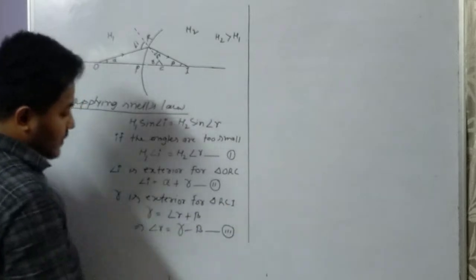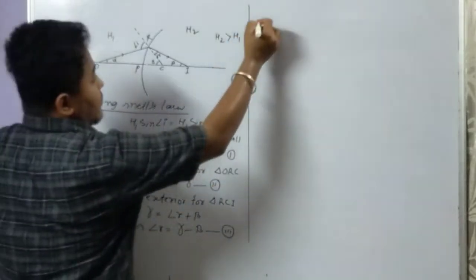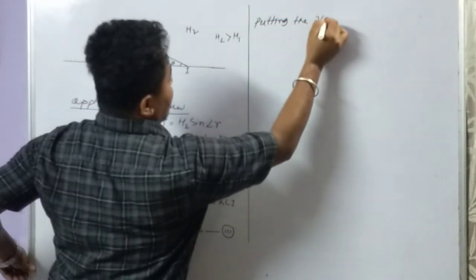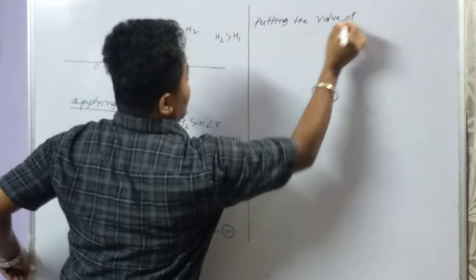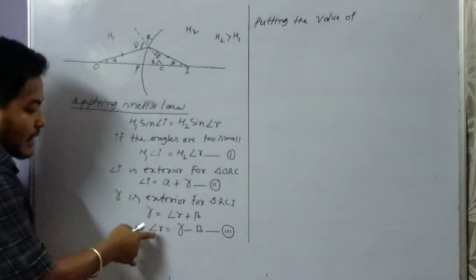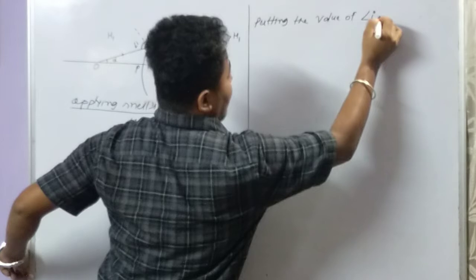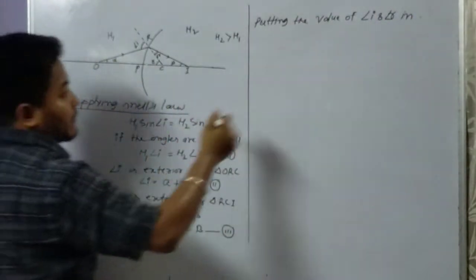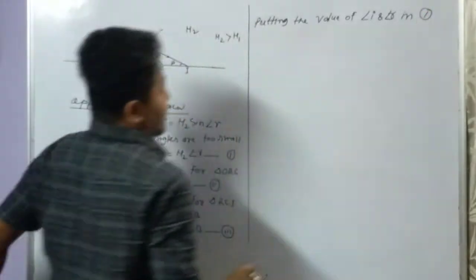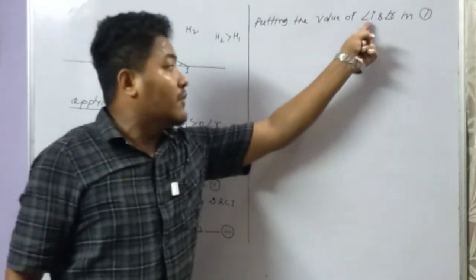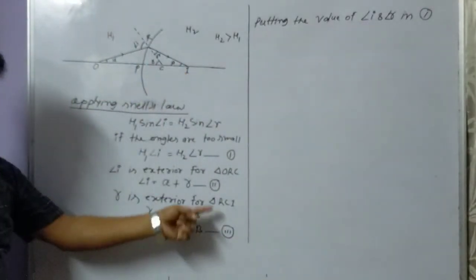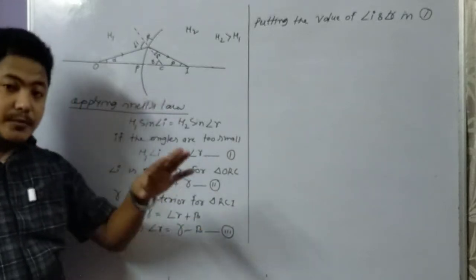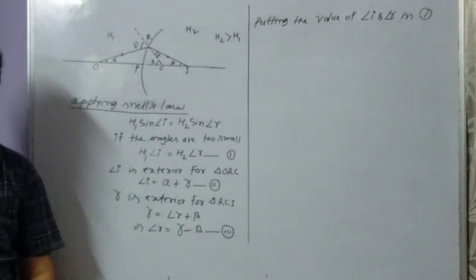Now putting the value of angle I and angle R in equation number 1, that means the values of I and R, which we can find from equations 2 and 3, if we put the values in number 1 equation, then what we can find?